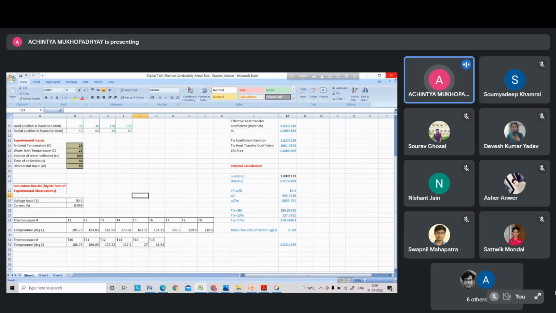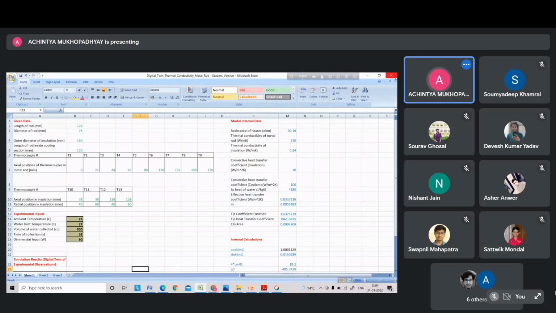So the results are not in very good agreement with the experiment. Also, the experimental results at certain places look suspect, because it is some old result that I had to take, so there could be some error there also. So don't be too concerned about the exact values, but this is how we are getting it.